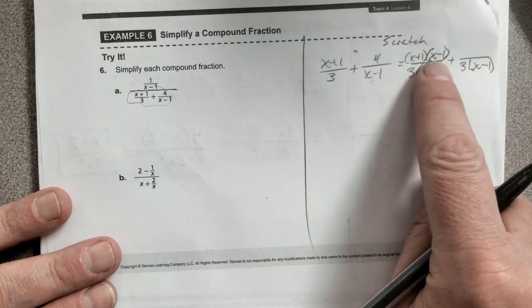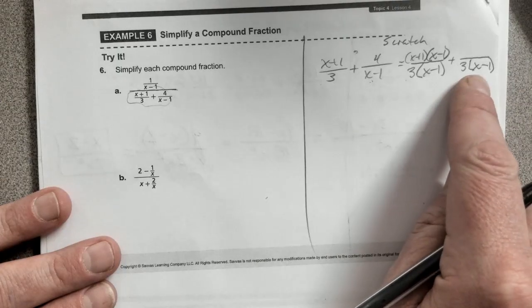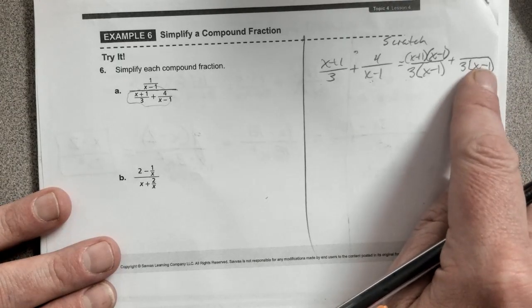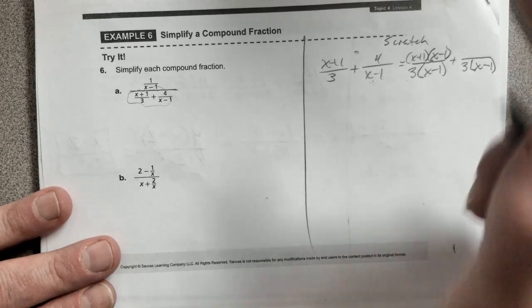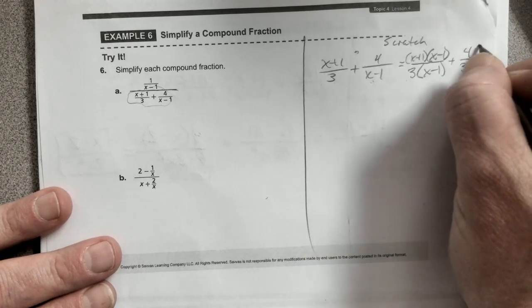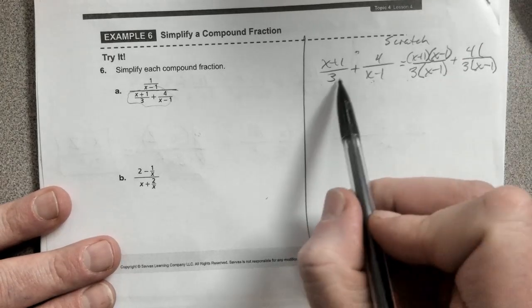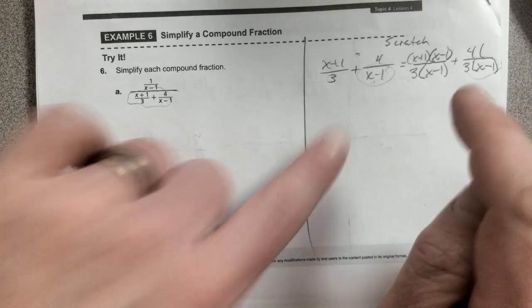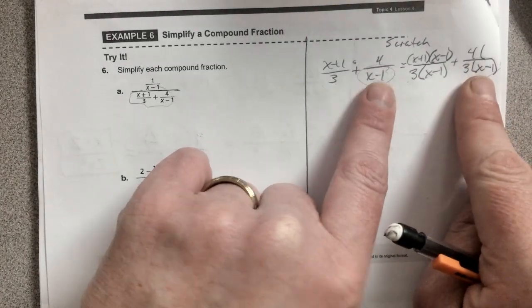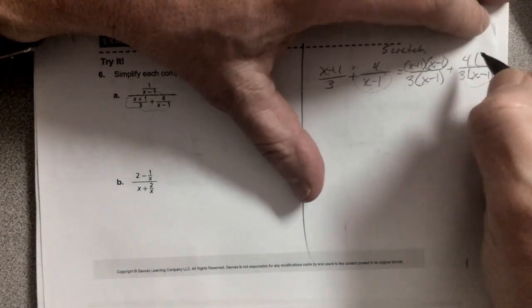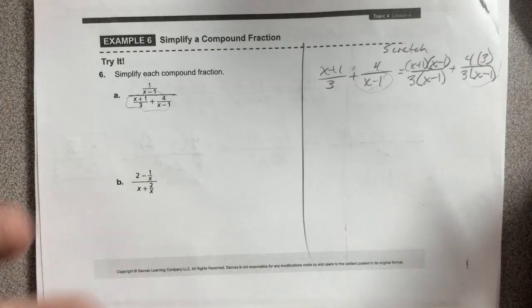Yeah, good job. What was my original numerator for the second fraction? 4. Good. And what factor did we gain from here to here? 3. Good. Really, really good.